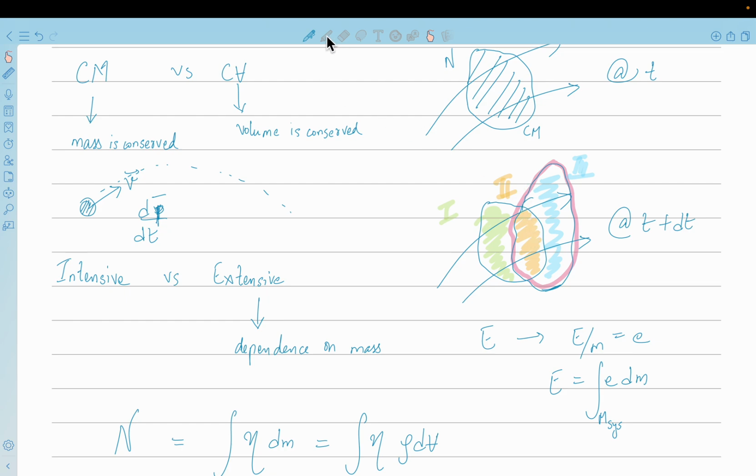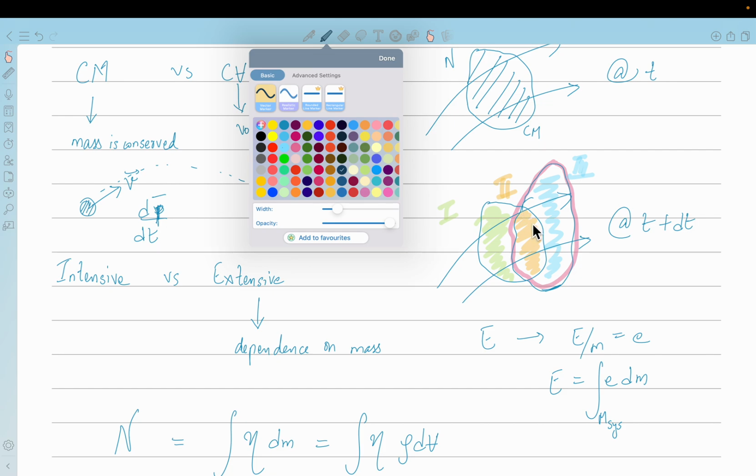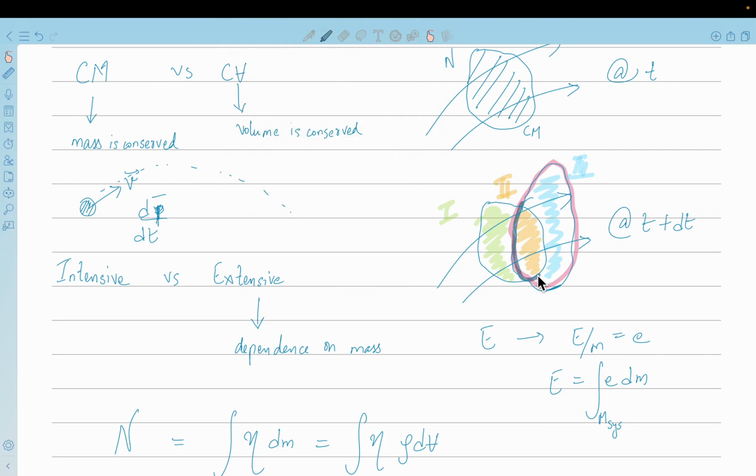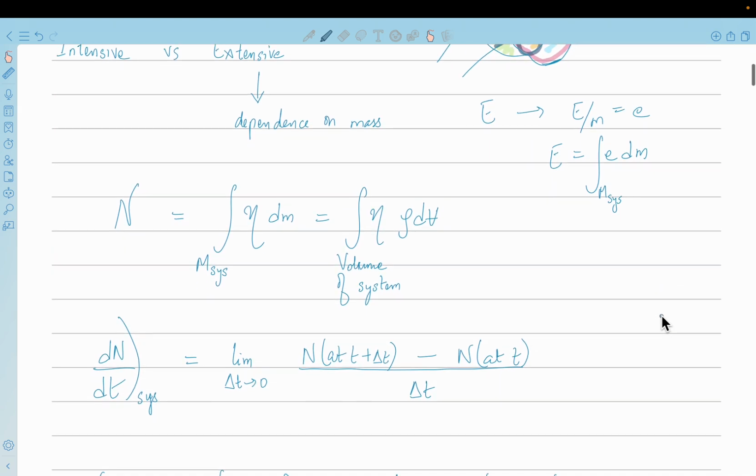Now imagine that the only thing you are concerned with is region 2, and in region 2 everything remained the same, but whatever was in region 1 has gone to region 3. So there was a flux from region 1 to region 3, and it went through region 2. All this mass or all this quantity N in region 1 moved into region 2 and then moved out of region 2, and it formed what we now know as region 3.